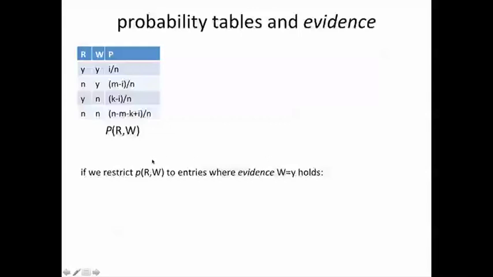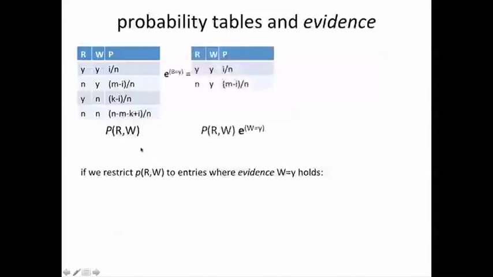We need to restrict this table to only those entries where W equals yes. So essentially we're saying let's drop all the entries where W equals no and restrict it to W equals yes, and that's this restriction operator, which is called the application of evidence to this potential.